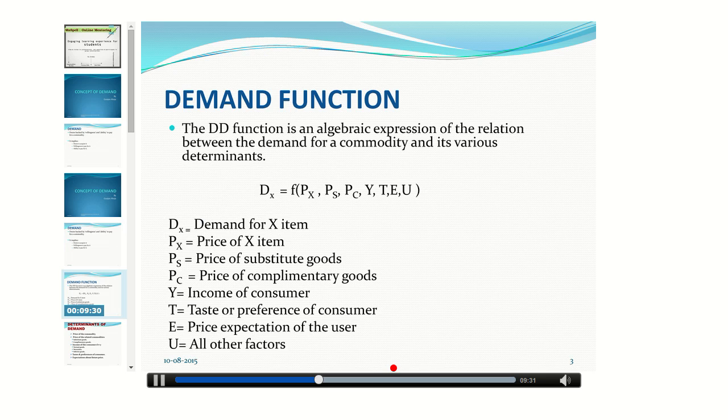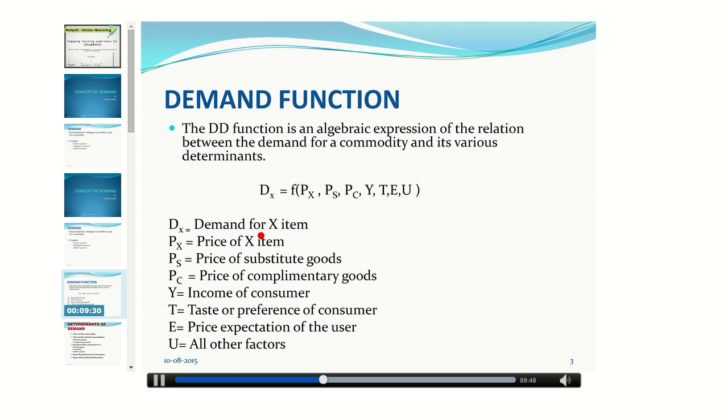Demand is basically a function. If we talk about it in economics terms, then it is a function, an algebraic expression. Dx, as you can see, is the demand for the x item.